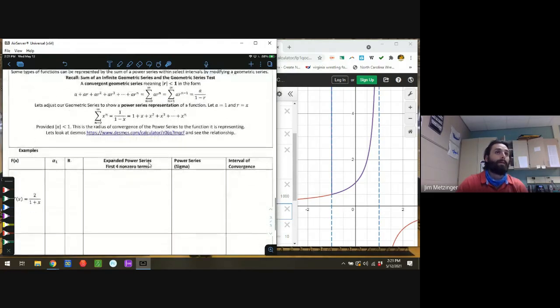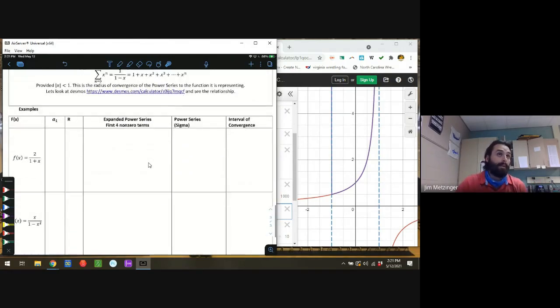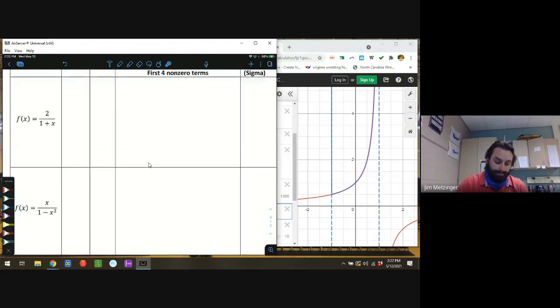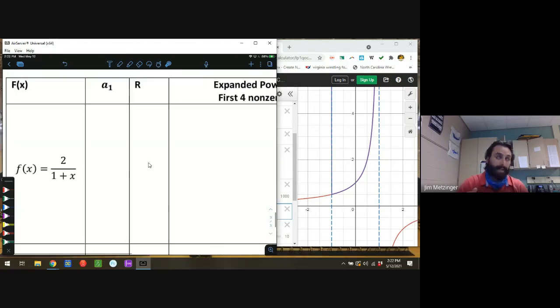All right, so let's talk about strategy here. I know right now we're like, still don't know what this thing is. Let's look at this first example. I'm given a function, f of x. F of x is equal to 2 over 1 plus x.